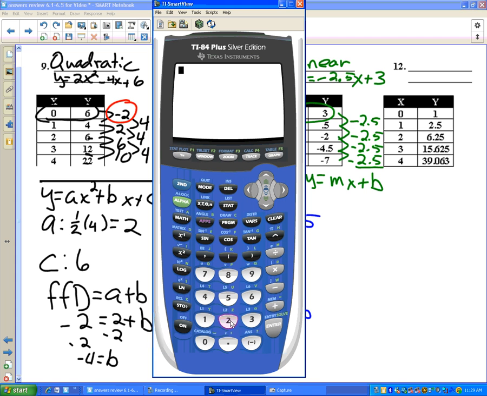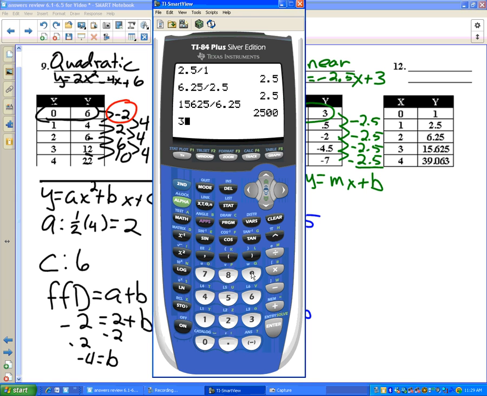So let's take 2.5 and divide by 1. Let's take 6.25 and divide by 2.5. Let's take 15.625 and divide by 6.25. I forgot a decimal in there, but that would give me 2.5.